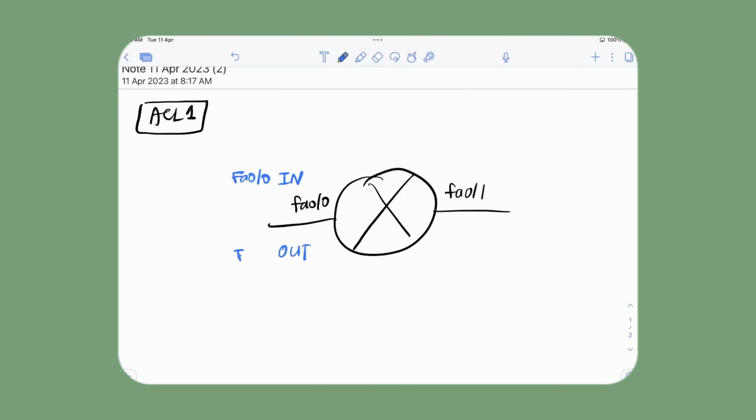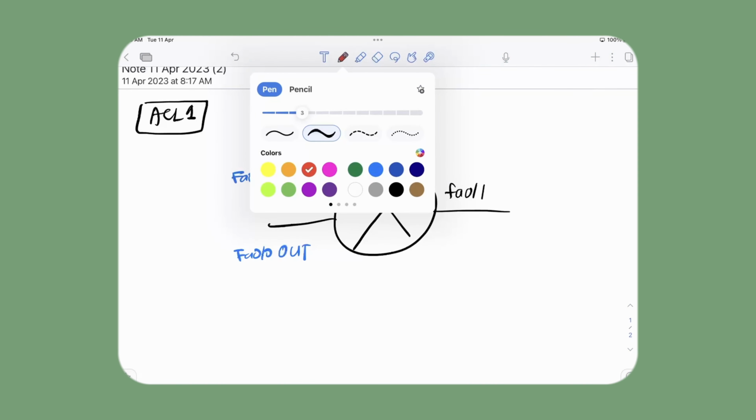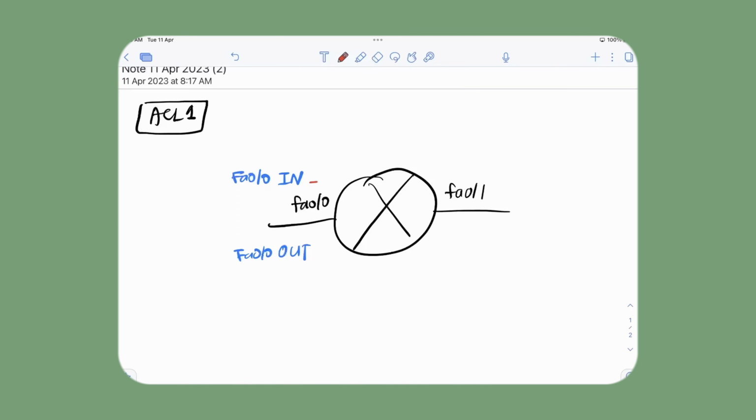So I can write FA00 in, FA00 out. The in direction means the packet is going inside the router. The arrow is like that, meaning the data comes from outside into this router. FA00 out means the data can come from somewhere here and then try to get out like that.